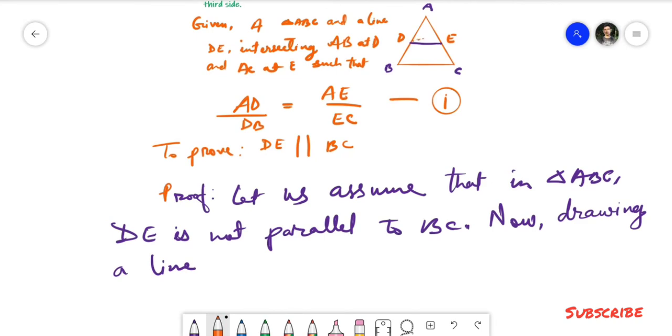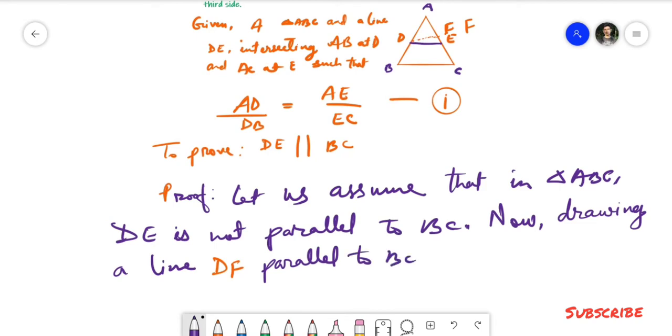I just draw this one as F, okay. I hope you can see F. So let us draw a line DF. Can you see DF? I just draw that line, parallel to BC.